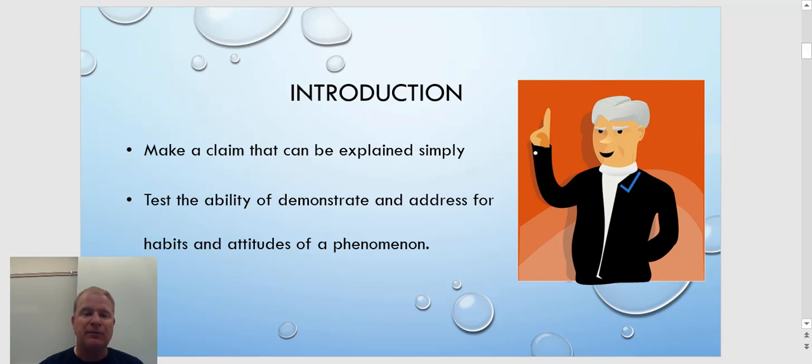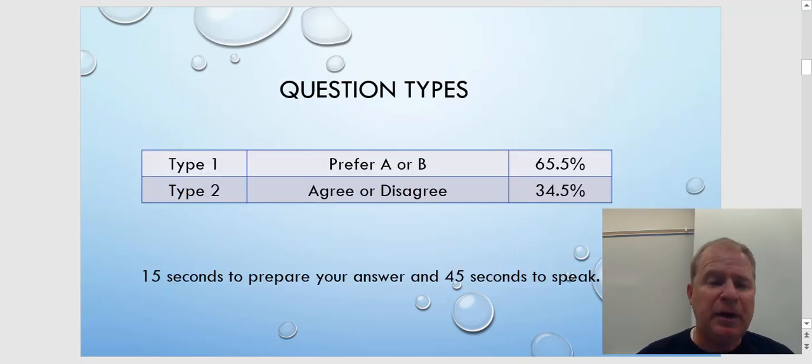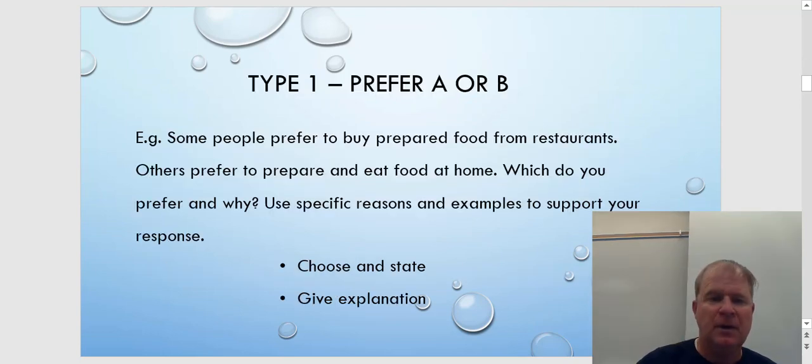Generally speaking, there are 2 different question types in the second independent speaking task: prefer either A or B, and agree or disagree. Regardless of the type, you have 15 seconds to prepare your answer and 45 seconds to speak.